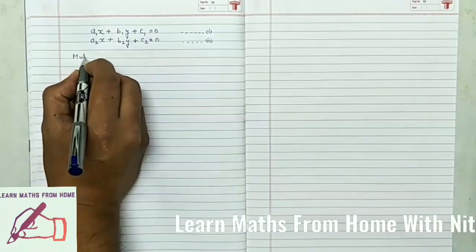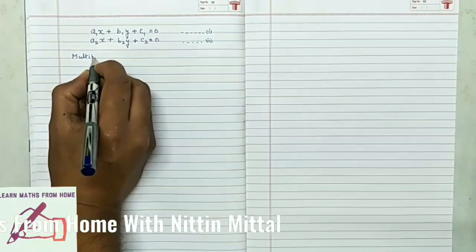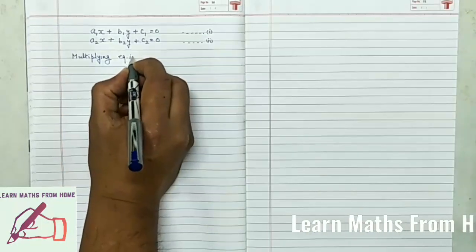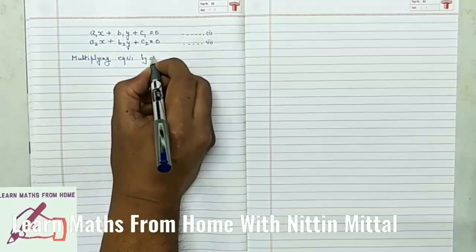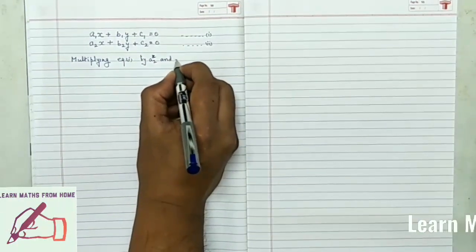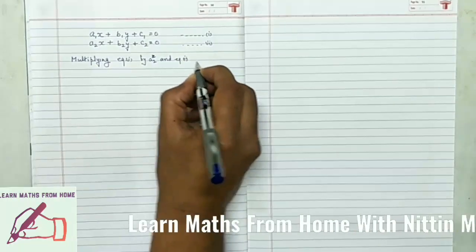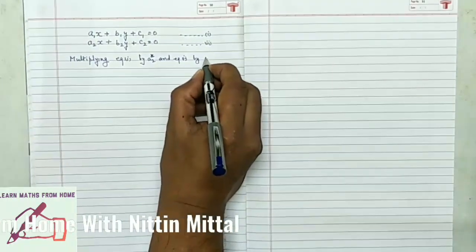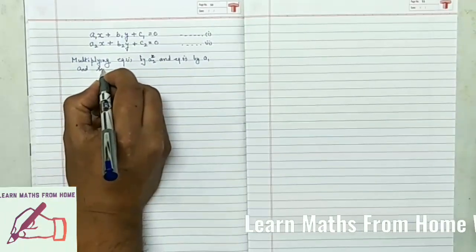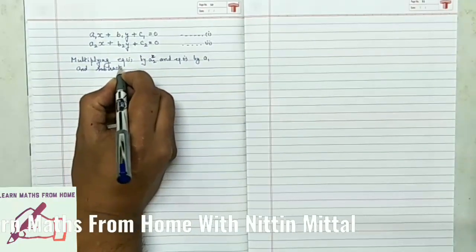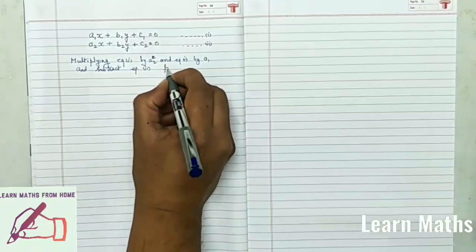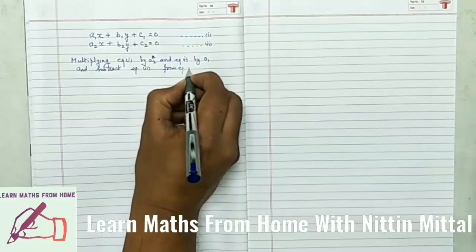So multiplying equation 1 by a2 and equation 2 by a1, and subtract equation 2 from equation 1.